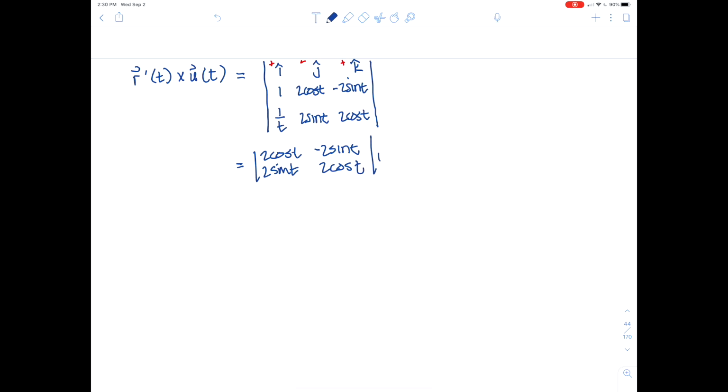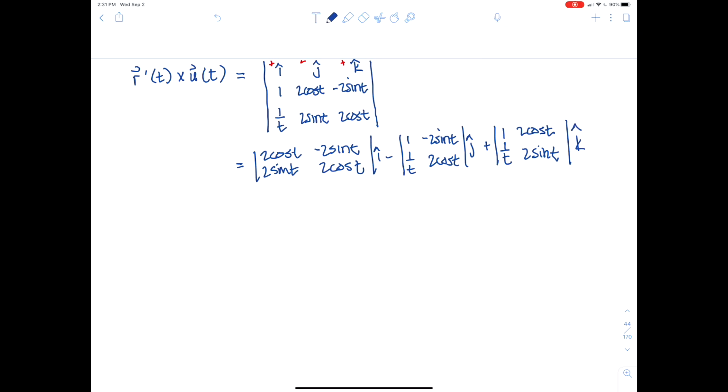That's going to be times i minus 1 and negative 2 sine t, and then 1 over t, 2 cosine t. This will give us practice on our cross products, right? Times j, and then plus the determinant of 1, 2 cosine t, and then 1 over t, 2 sine t, times k. Groovy? All right, let's see what we get.